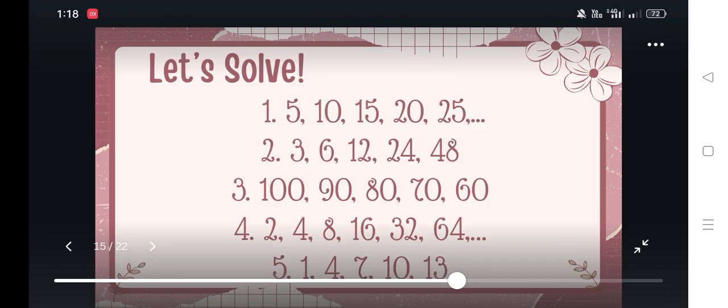So now let's try to solve this one. Identify the sequence as finite or infinite, then classify as arithmetic or geometric sequence. Okay, let's take a look at number 1. We have 5, 10, 15, 20, 25. So is it finite or infinite? Very good.